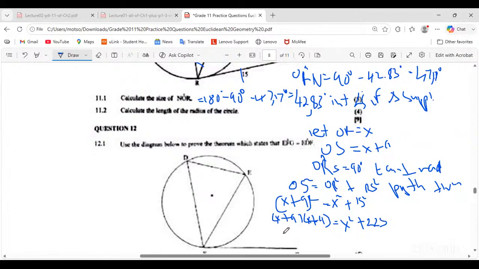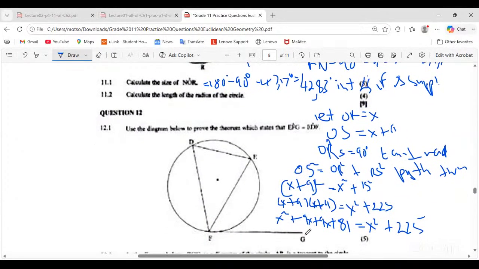Now x times x is x squared, x times 9 gives me 9x, 9 times x gives me 9x, plus 9 times 9 is 81, is equal to x squared plus 225.